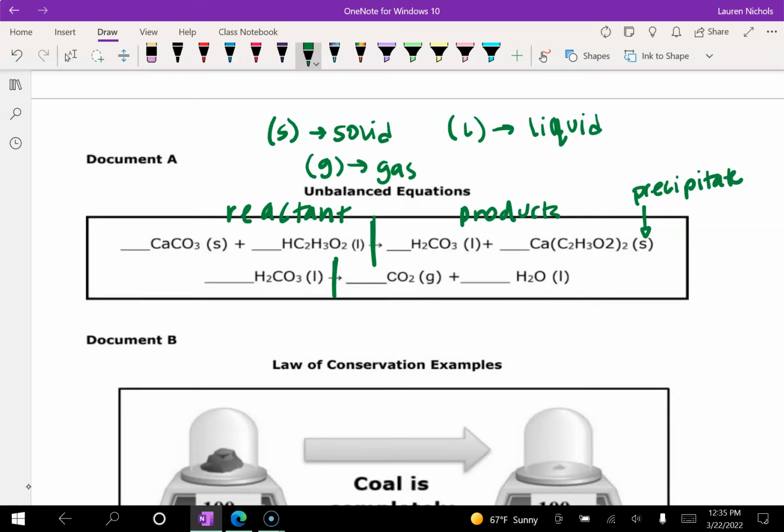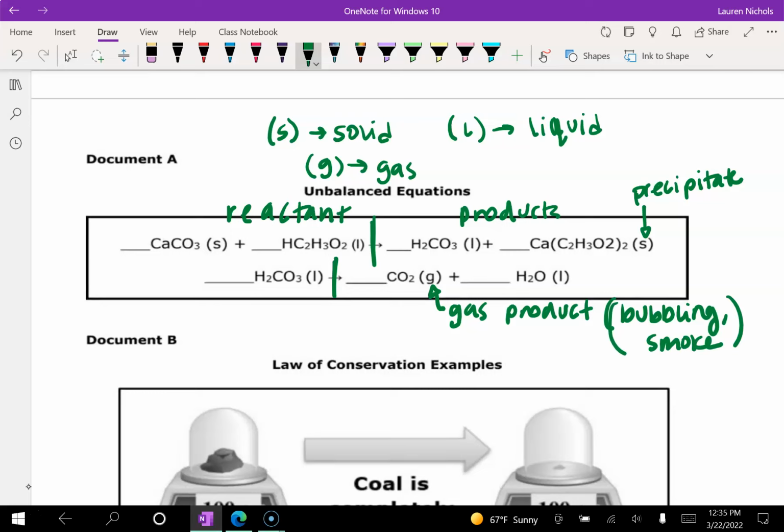So you should see something solid that's new now in your container. And if we have a gas as a product, that means we're producing a gas, so we should see either bubbling or fizzing or smoke, something along those lines, okay?